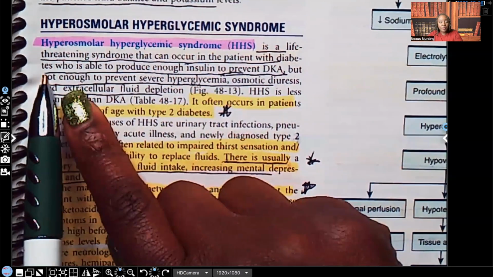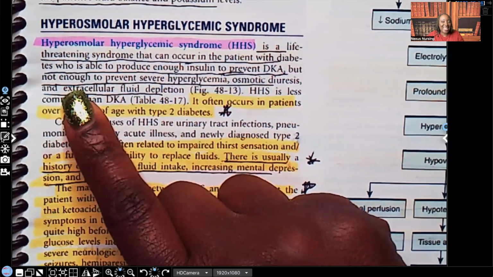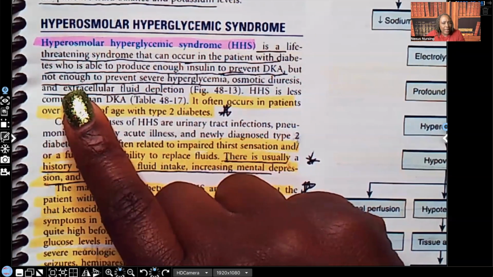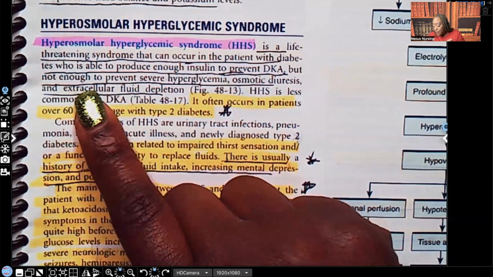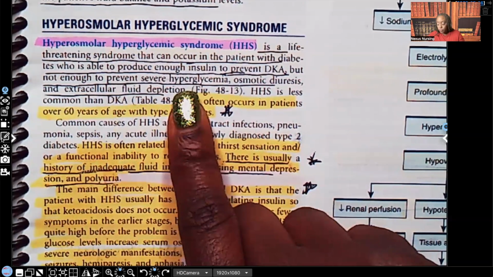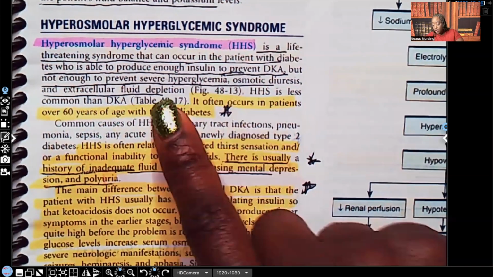Look at this, who is able to produce enough insulin to prevent DKA, because remember, DKA is the worst. So they're able to make enough insulin to prevent DKA, but not enough to prevent severe hyperglycemia, osmotic diuresis, and extracellular fluid depletion.